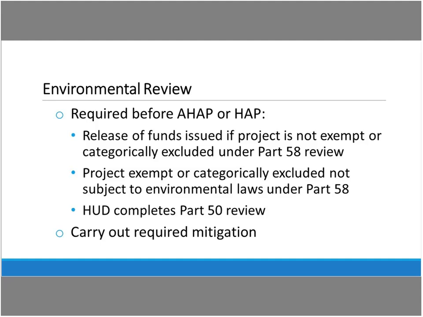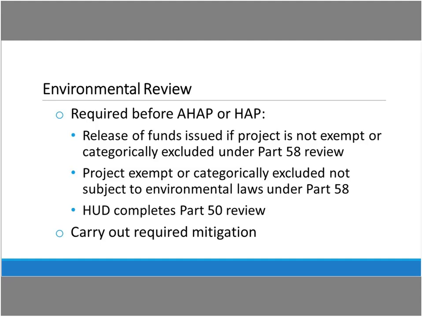If you're pursuing Section 18 and you anticipate that you will ultimately project-base your tenant protection vouchers, it is very helpful to identify during that early Part 58 process that one of the activities you are going to perform is leasing to low-income households and using or anticipating using a project-based voucher contract to make those units affordable.